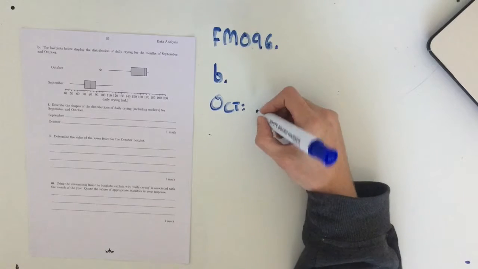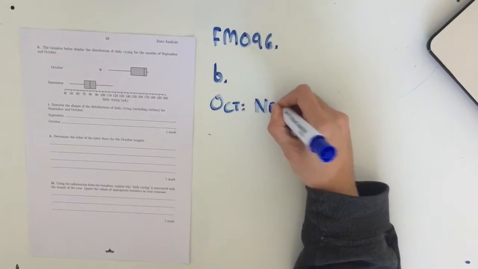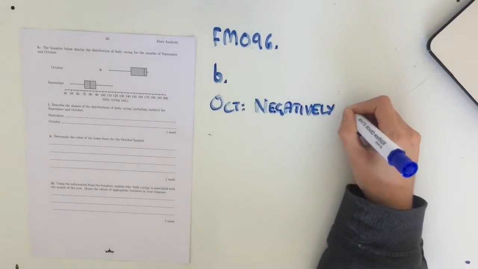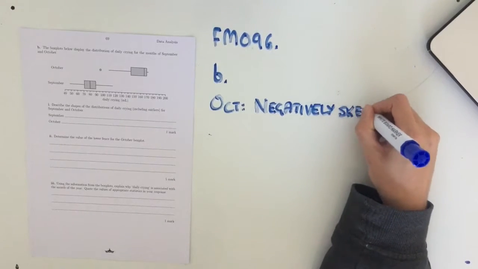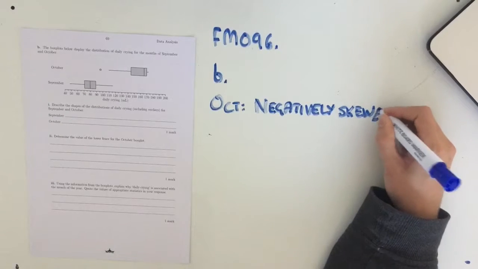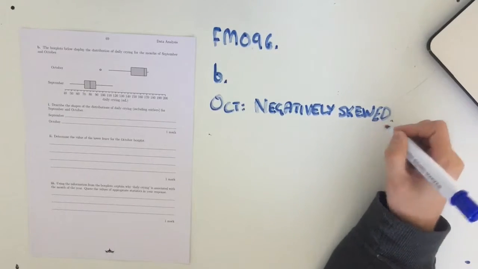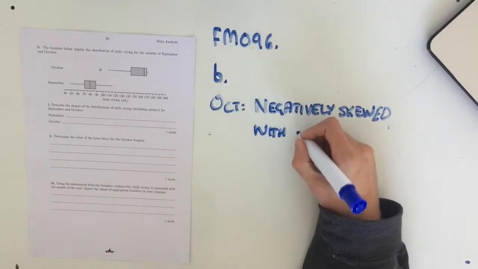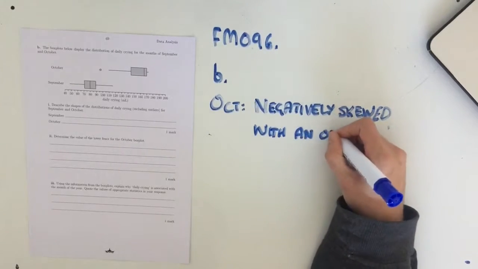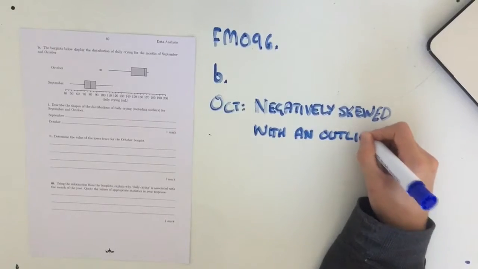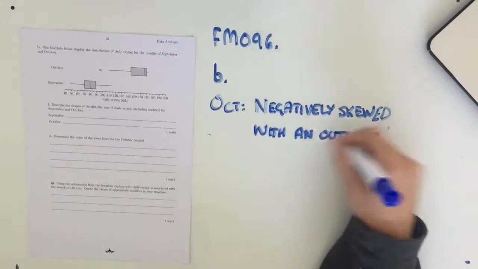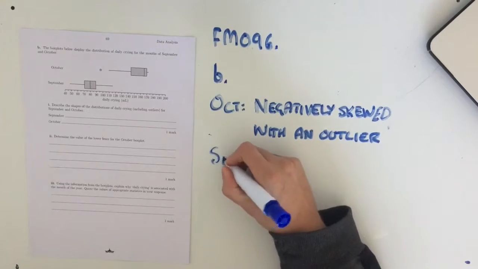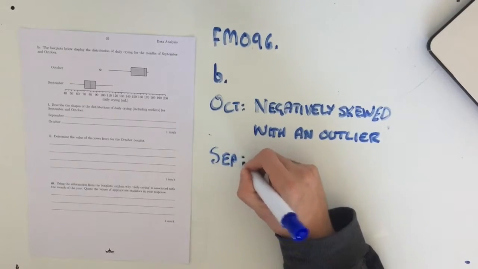So we're going to say negatively skewed with an outlier. Now, if there were multiple outliers, we'd tell them how many outliers there were, but it's just one, so you can say with an outlier.